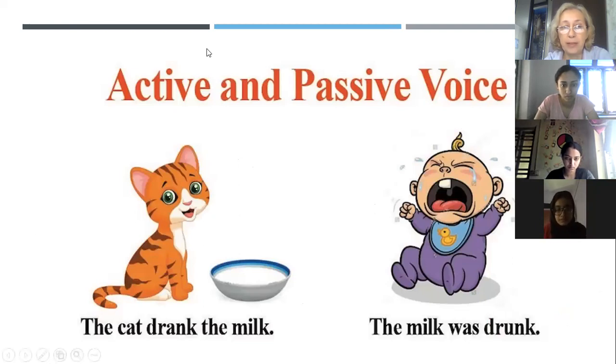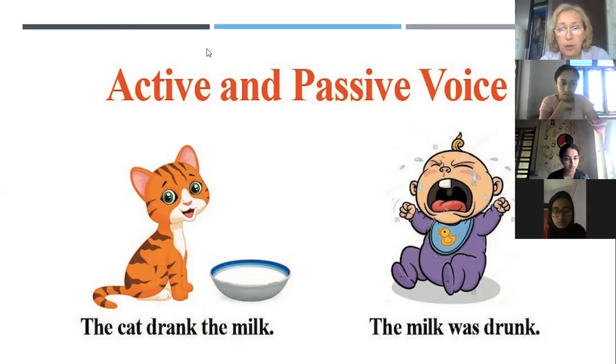Yes, and if we have a look at the next picture here, we can see the examples of the sentences used in the active voice and in the passive voice. The first one is the cat drank the milk, drank, in the past. You see that the cat is the subject of the sentence and the cat did it itself. So this is active voice.